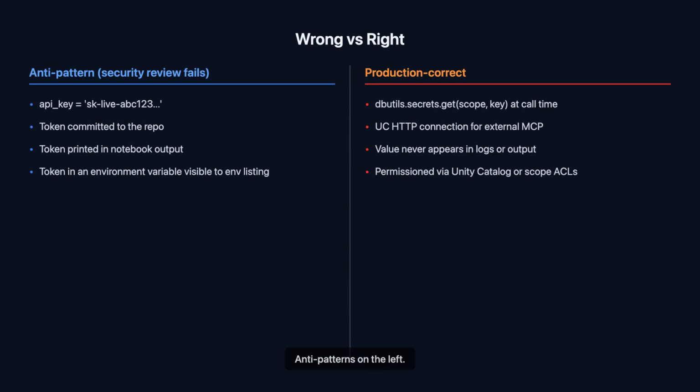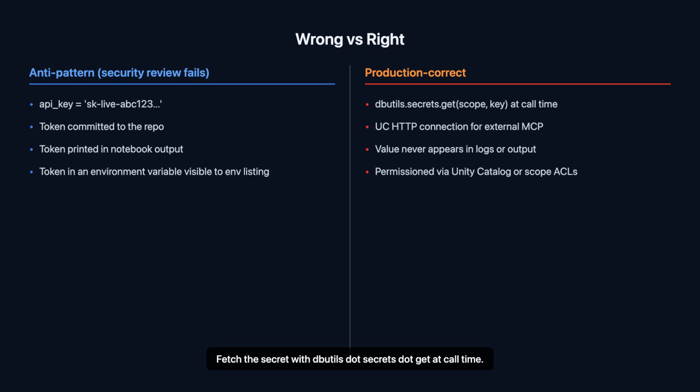Anti-patterns on the left: an API key as a literal string, a token committed to the repo, a token printed in notebook output, a token stuffed into an environment variable visible to any process that lists env. Every one of those will fail a security review, and Databricks even ships a scanner that hunts for these exact patterns. On the right, the production correct shapes.